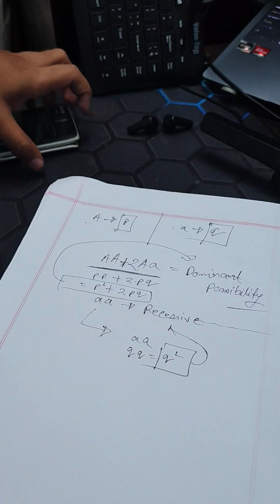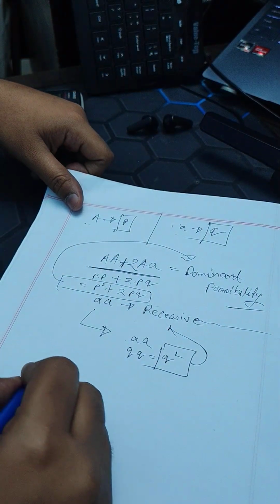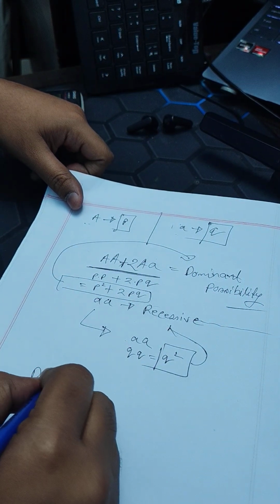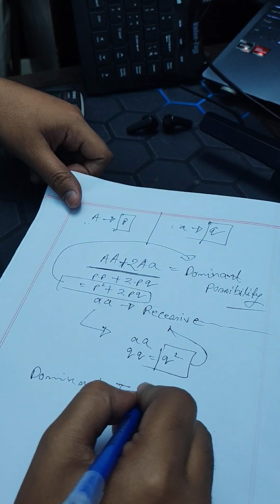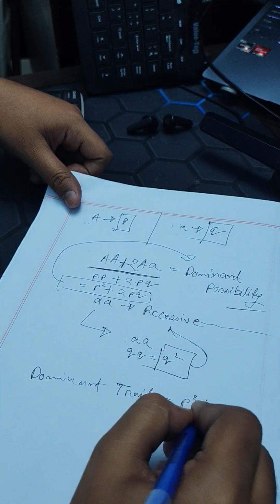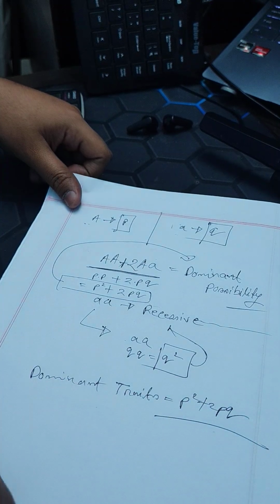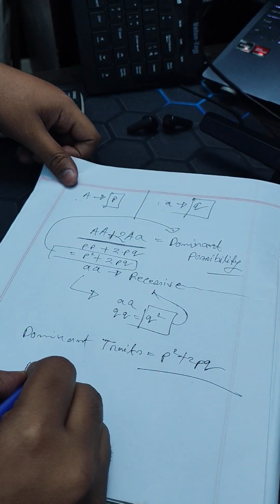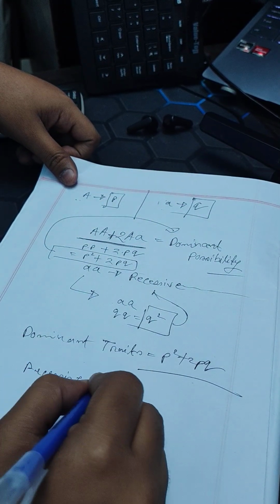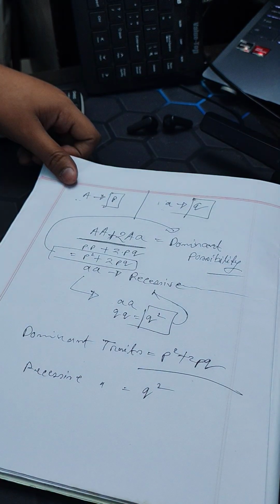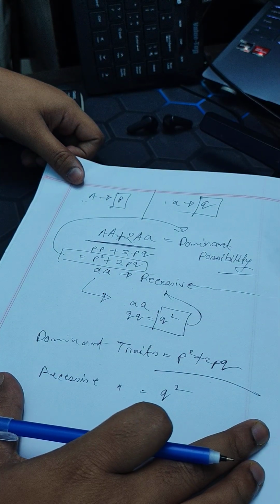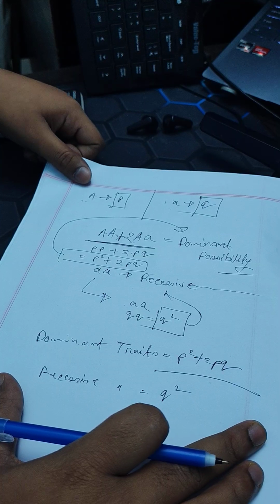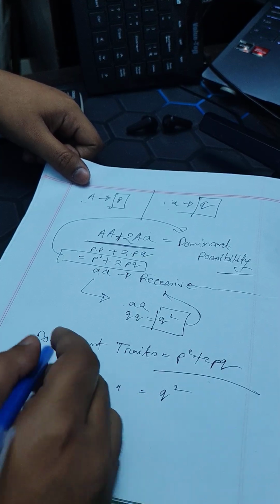I think that's clear. So the dominant traits will be P square plus 2PQ, and the recessive trait will be Q square, right? This is the possibility of traits. I am not talking about the frequency of alleles.